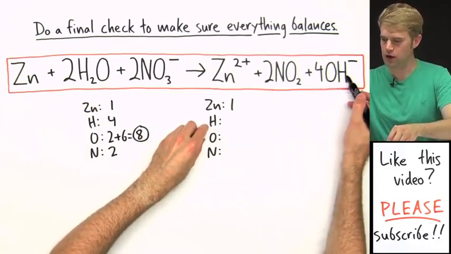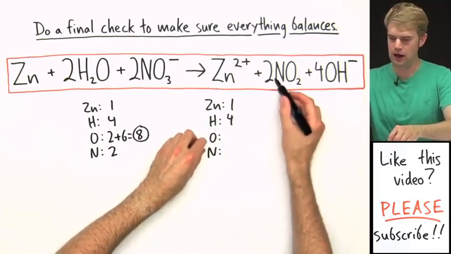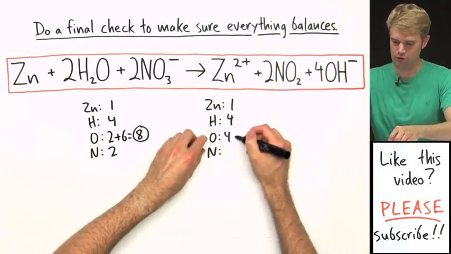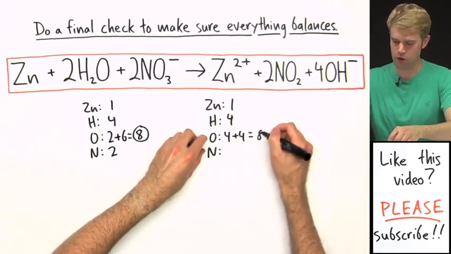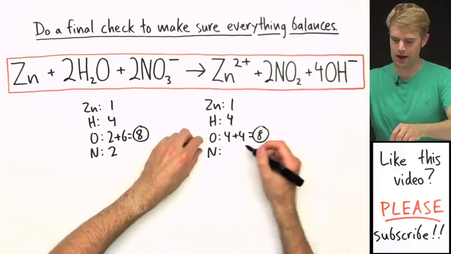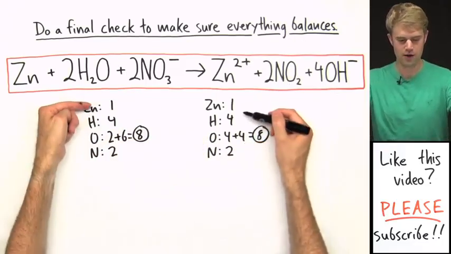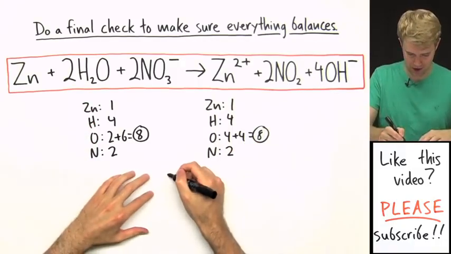Hydrogen, 4 times 1 from the OH minuses, so I got 4 hydrogens. Oxygen, I have 2 times 2, 4 plus the 4 oxygens here. 4 plus 4 equals 8. And nitrogen, 2 from the 2NO2. 1, 4, 8, 2. Awesome. The atoms balance.